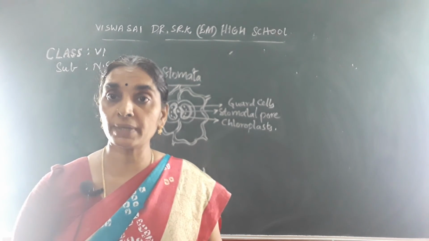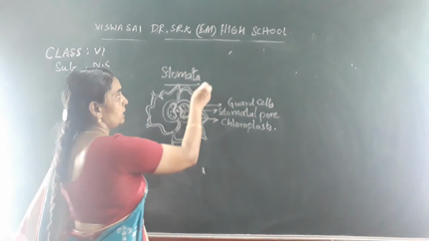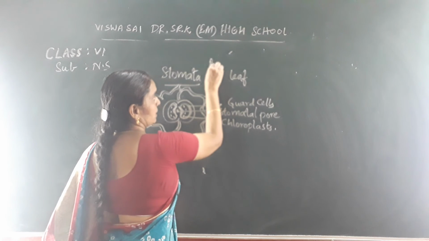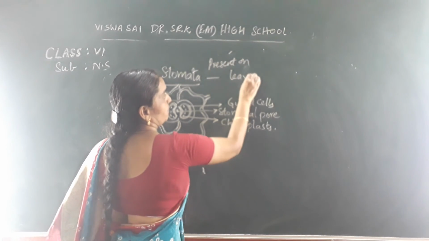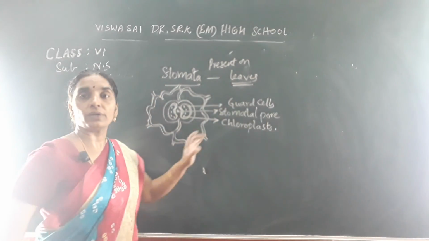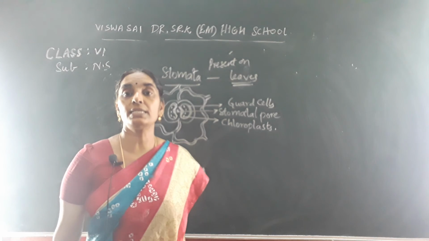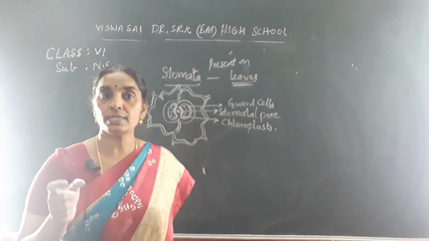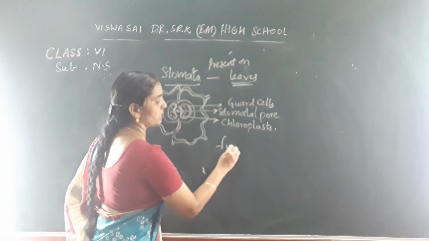Stomata are present on the leaves, and leaves are very important parts of the plant. They are present in the shoot system. Is it clear? So these leaves perform the function of, what are the functions?